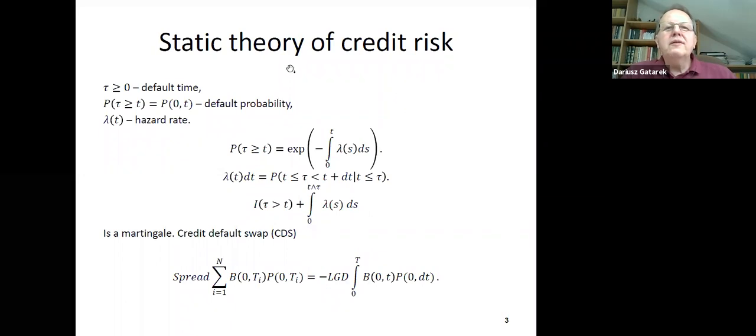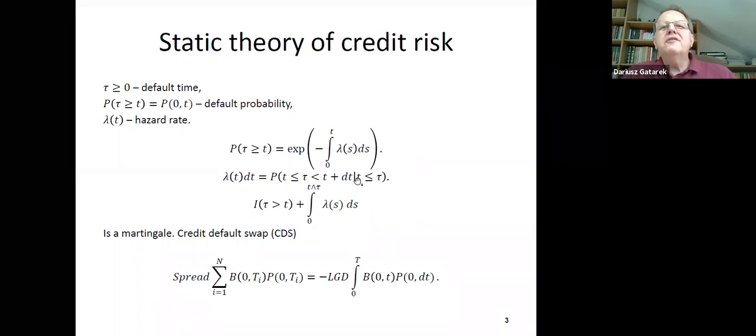And what we get will be the hazard rate, so the instantaneous probability that the entity defaults at time t, provided it didn't default up to now.